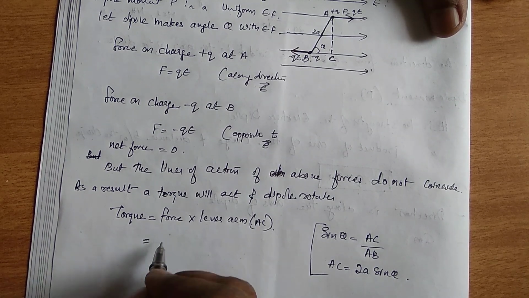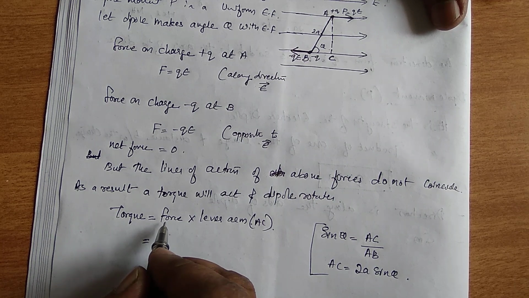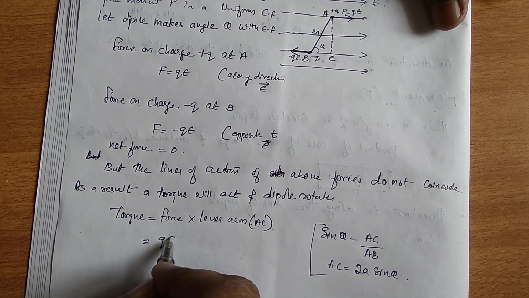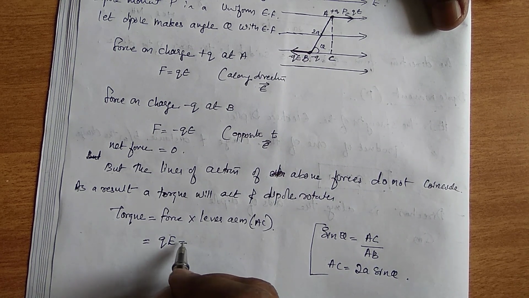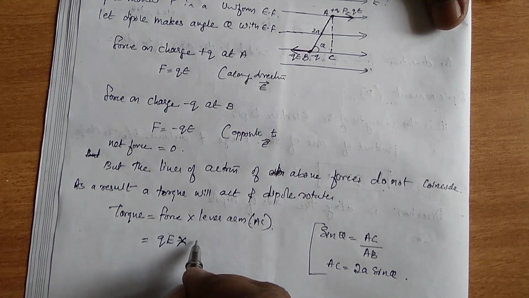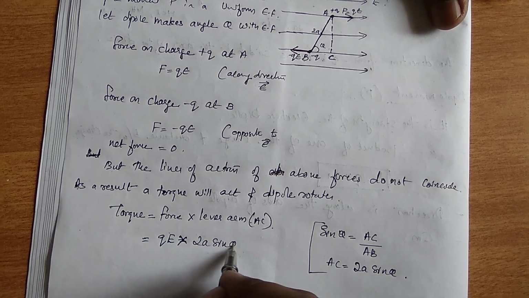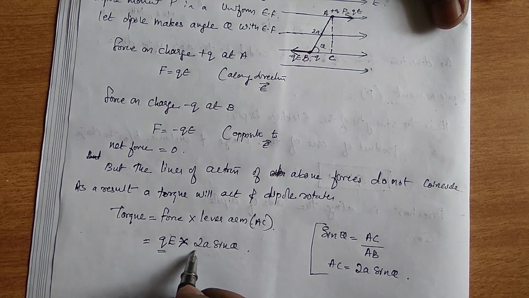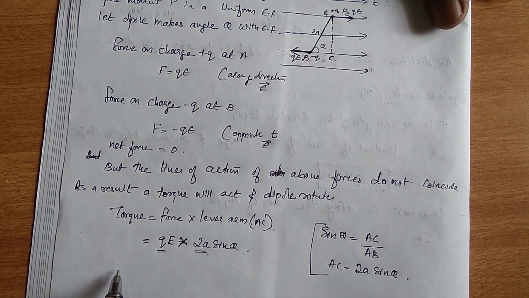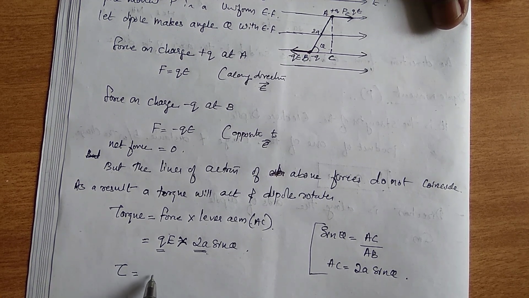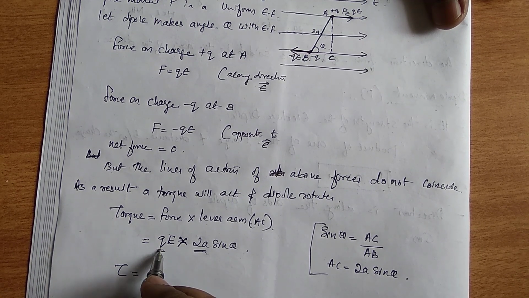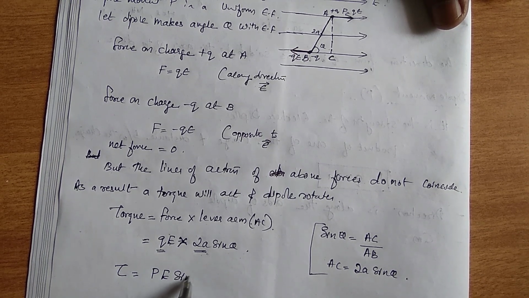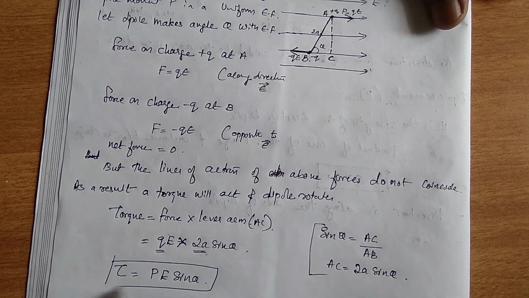Then torque equal to one of the forces, qE, into lever arm 2a sin theta. We know that q into 2a equal to dipole moment. Therefore torque tau equal to P E sin theta.